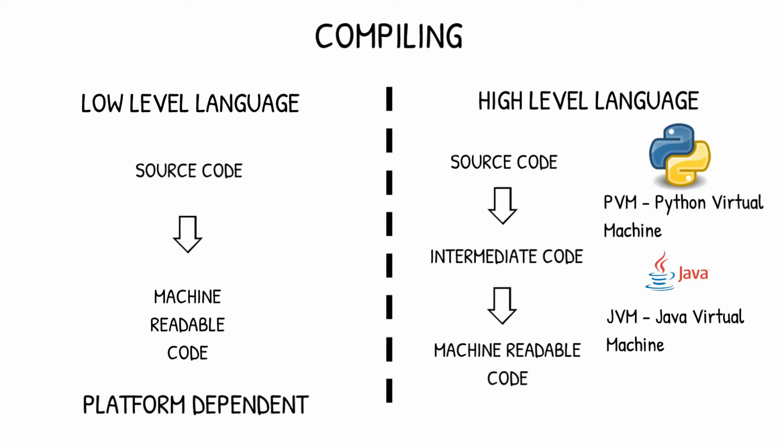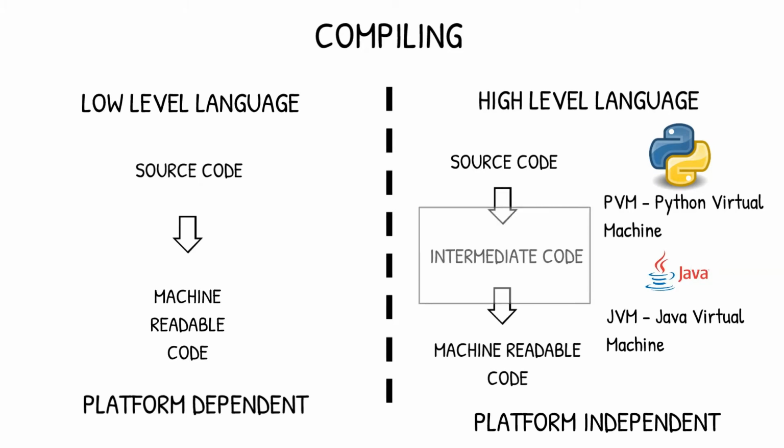Executing the compiled code in a virtual machine, using an interpreter, makes a language platform independent. Because the source code is not directly converted into a machine-readable code. Instead, it is first converted into an intermediate code, and then using an interpreter, it is converted to machine-readable code.